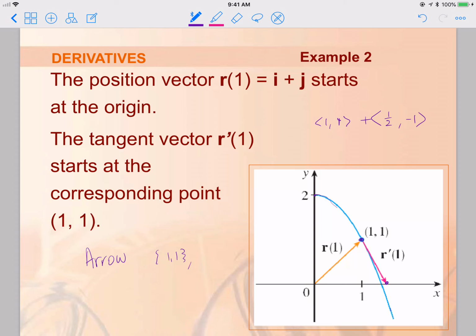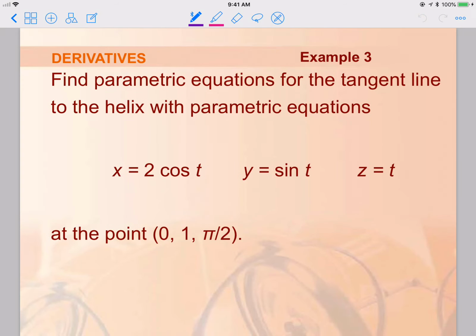And so we end up with 1.5, comma 0. So we're moving 1/2 unit in the x direction and then down 1 unit in the y direction. And I think it's something like that, or it might be brackets in there. I'm not sure. You've got to double check that. But okay, good.